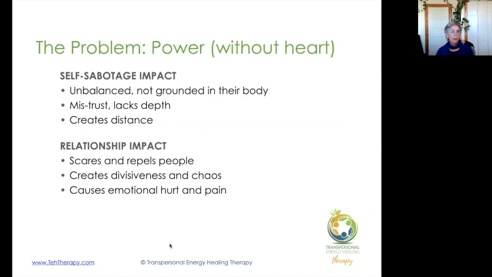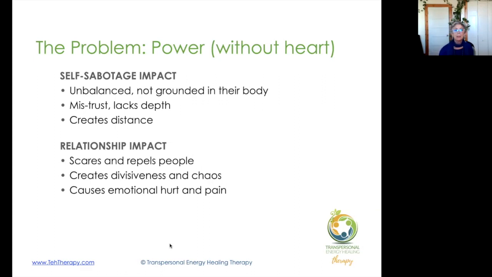So the self-sabotage impact is a feeling of being unbalanced. They're not grounded in their body. They know they're not balanced. They know they're not grounded, but they put their focus on controlling you out there so that they don't have to deal with that. There's a mistrust. They lack depth because of that.